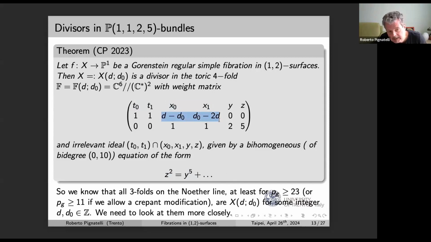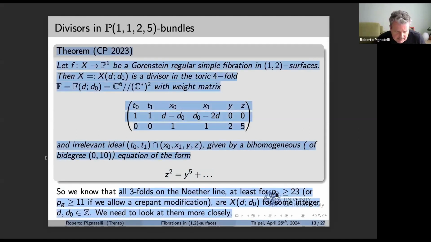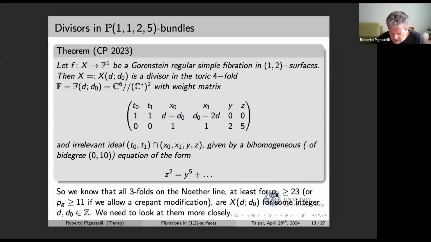So if we take these results together with the previous results, we know that all threefolds on the Noether line for pg bigger than 23, or even for pg bigger than 11, if we allow this little modification, are some of this.